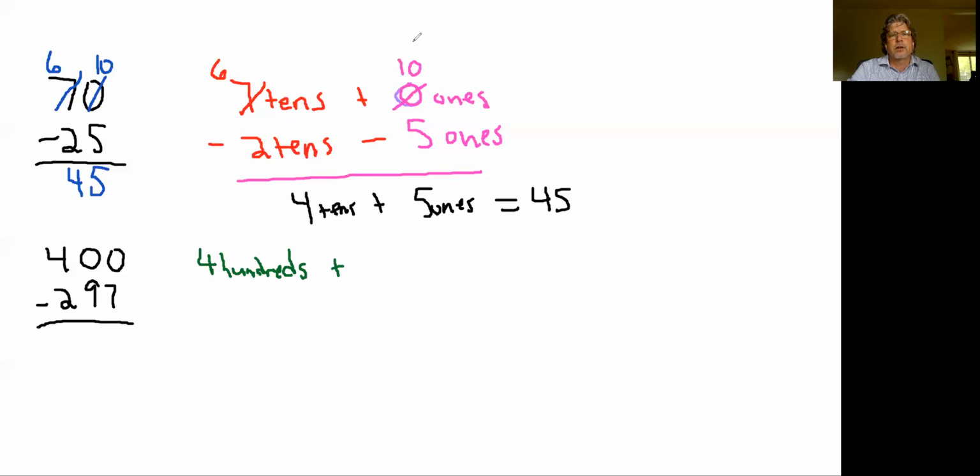So I'll go ahead and just write those down to keep place value going, placeholders. So there's not any tens, so it's 0 tens. And we also have no ones, so it's also 0 ones.